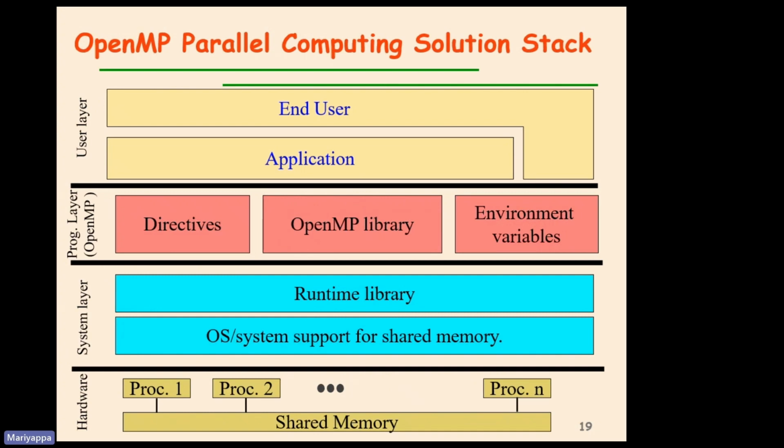To give you an idea of how OpenMP works, underneath we have the hardware, which is some kind of shared memory system or some support for shared memory abstraction. On top of it, we have the operating system and support for shared memory, and a set of libraries, all available from the system. You don't have to worry about that. Then this is the OpenMP layer. It has a set of directives or pragmas that we will introduce, a set of OpenMP libraries that it supports, for example to implement synchronization, barriers and so on, and a set of environment variables.